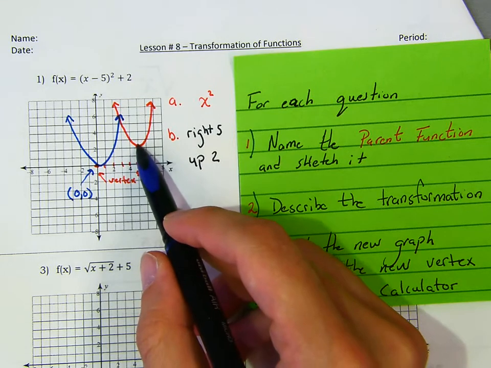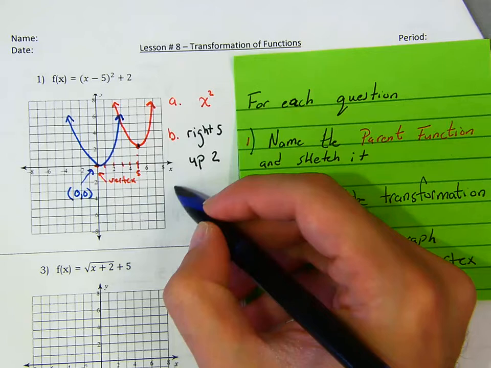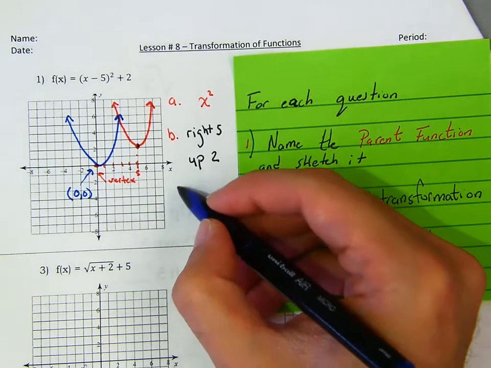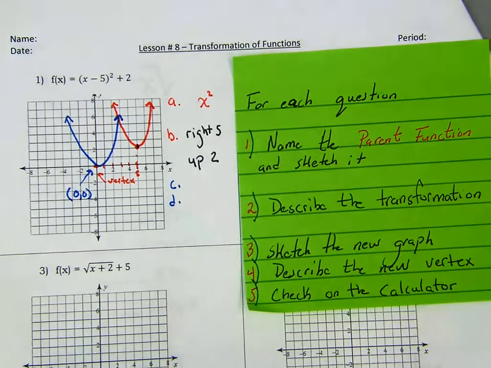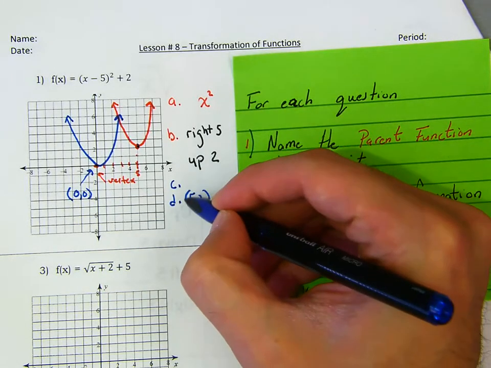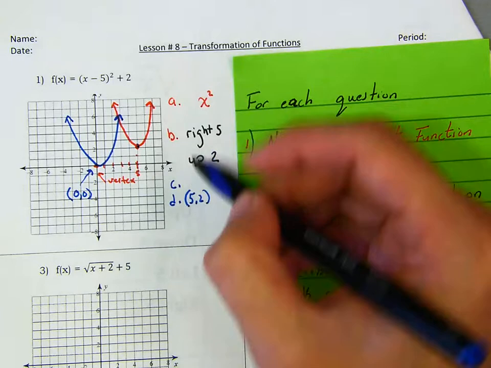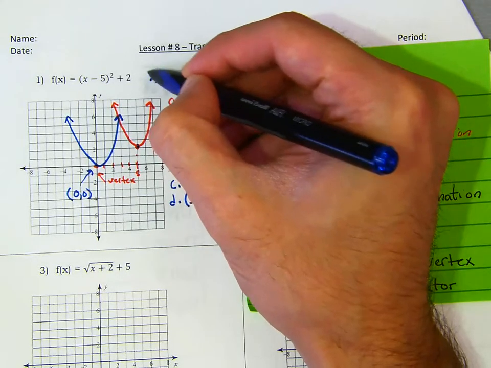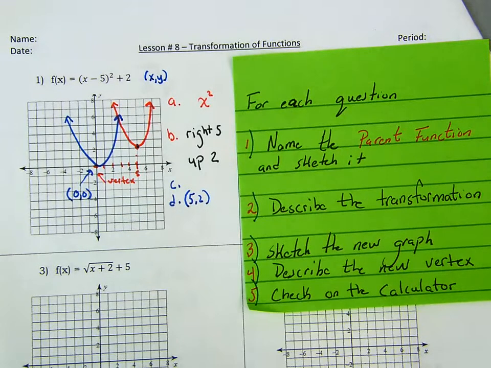How can I describe this point? We did part C, part D. What is my new vertex? It's 5, 2, right? Because for every point, you need an x, y. This is 5 to my right and 2 up.